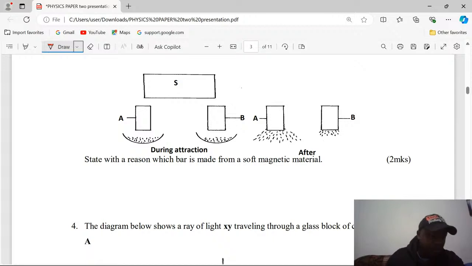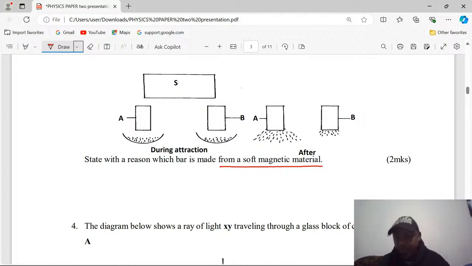This is a question which requires a student to seriously reason and come up with a conclusion. Remember, they are not connected to the permanent magnet now, and therefore what we are experimenting is how fast they can lose magnetism.